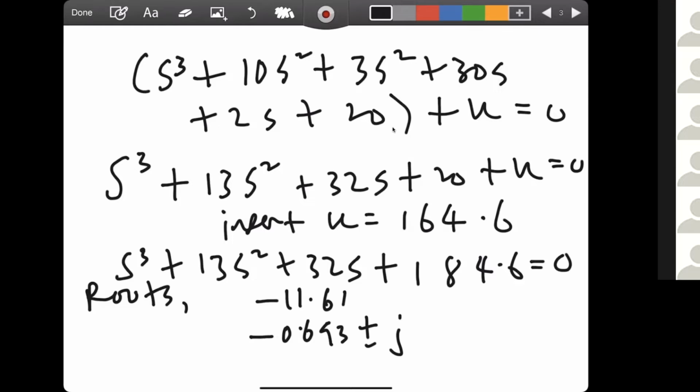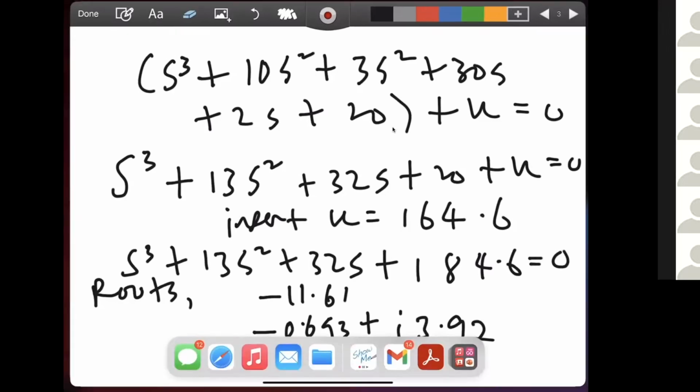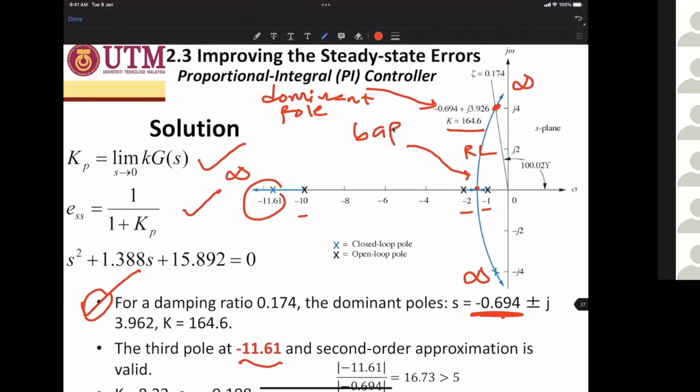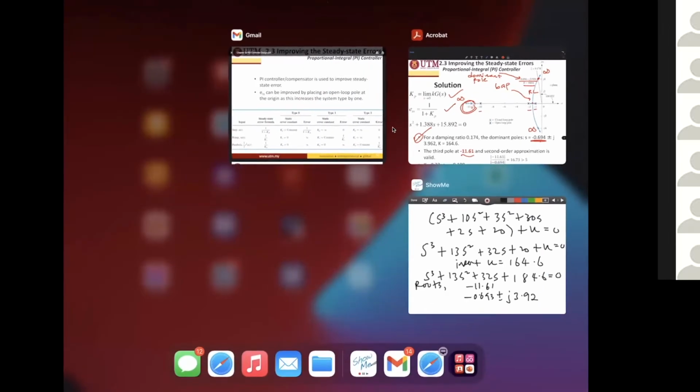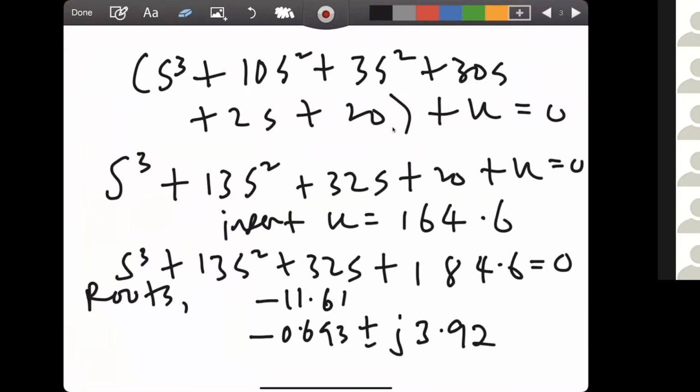J negatif 3.92. Okey. Betul lah. Betul ya. Nampak? 0.694 plus j3.92 dan 11.61. Betul ya? Betul. Bagus. Okey. Faham tak ni? Ini cara kira third pole.